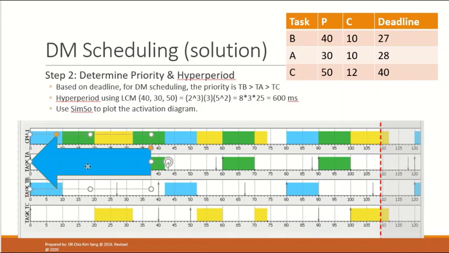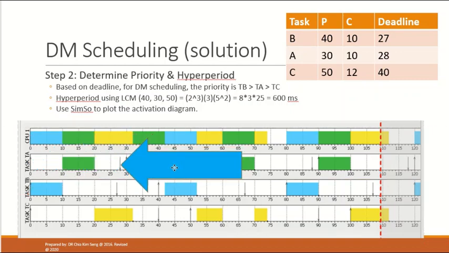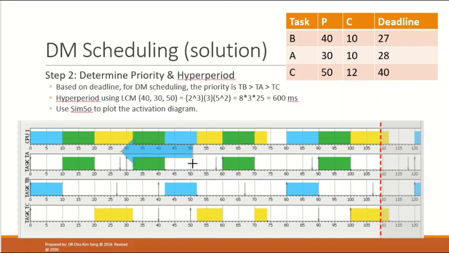This one is task A's deadline. The deadline is from the beginning, when we release the task, plus the relative deadline.